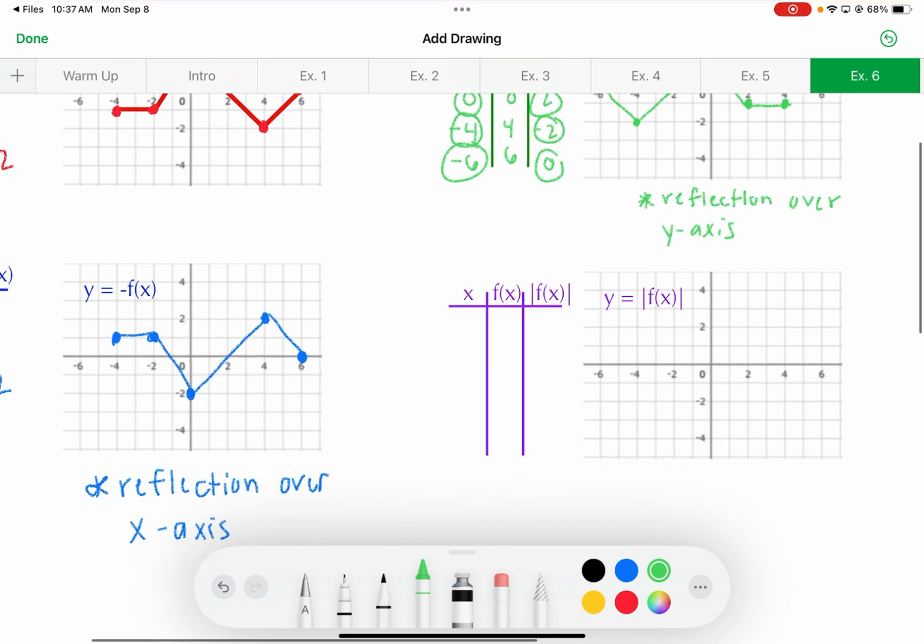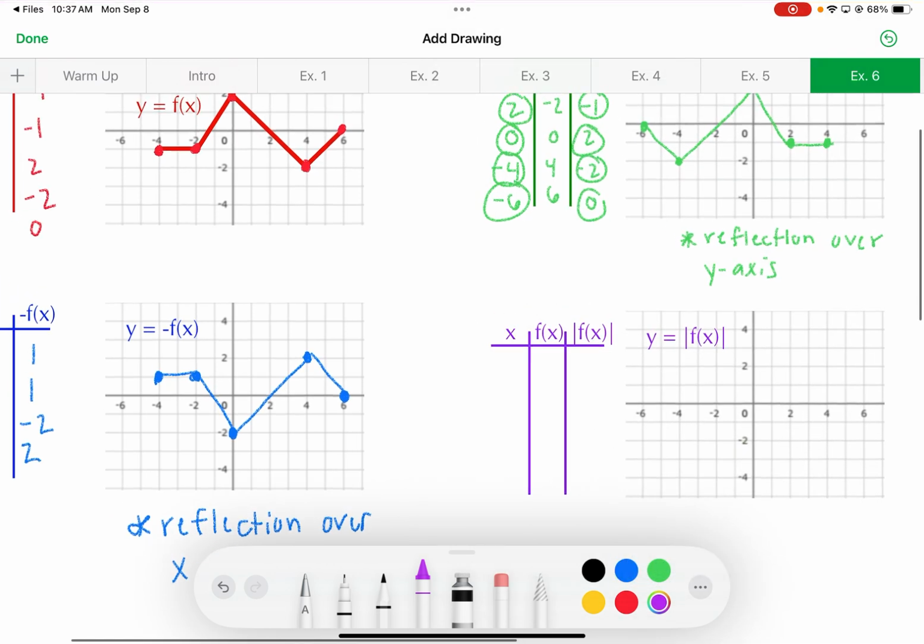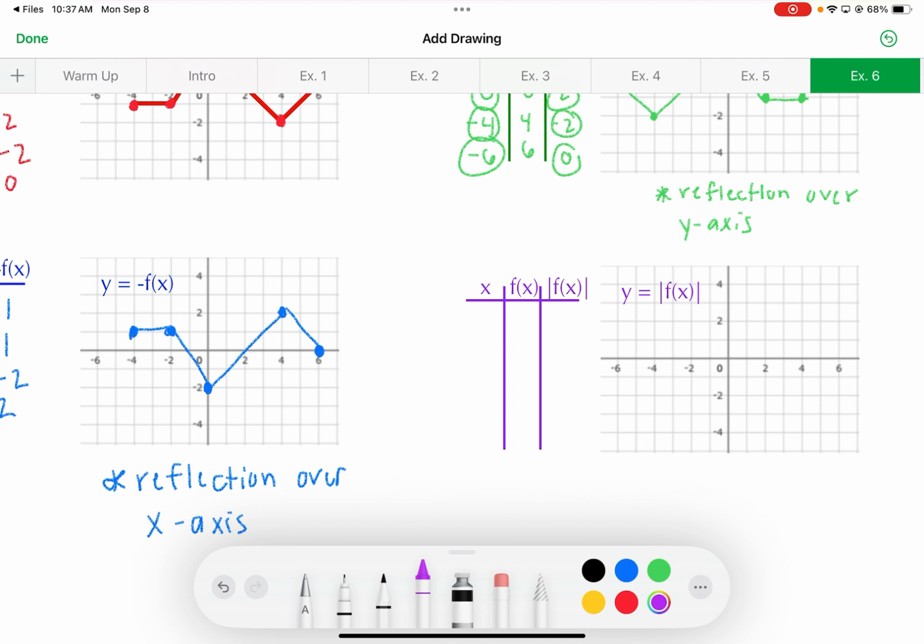All right, last one in purple there. So this is, we want to graph the absolute value of f of x, okay? So in my 3-column table here, I'm going to use the same ordered pairs from the original f of x.